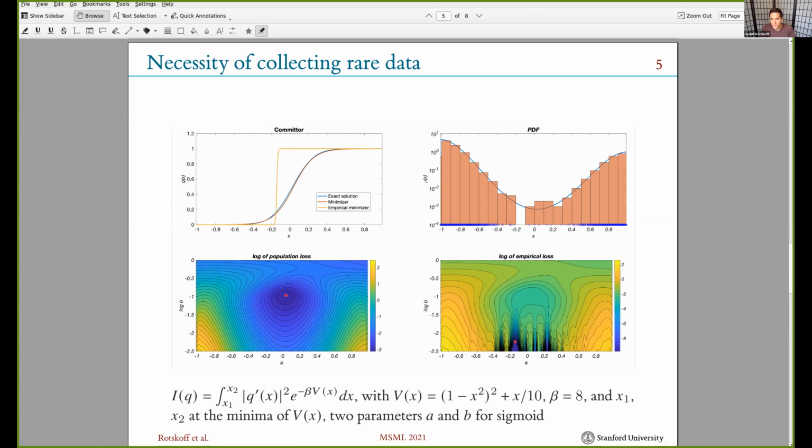And what you see is that if you do this sampling and look at the empirical loss, it's actually quite different from the population loss, and you miss the solution and you get an empirical minimizer for this problem that is quite different from the exact solution, or the true minimizer. So this is even with quite robust naive sampling. So the interface isn't sampled particularly well, but we have a lot of data here.